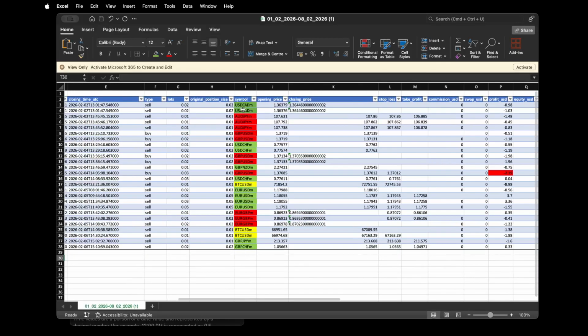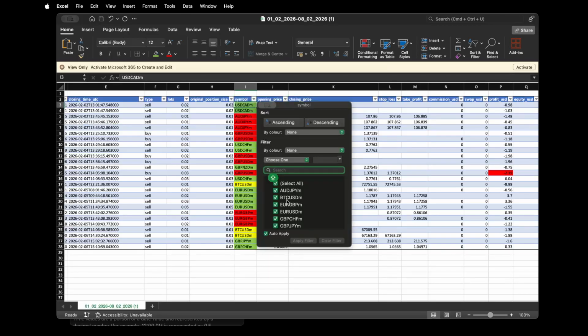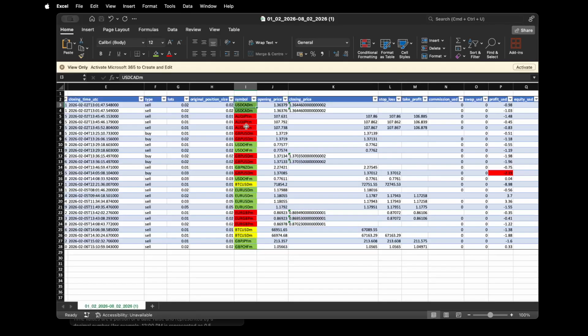Let it be. So if you see, out of 1, 2, 3, 4, 5, 6, 7, 8, 9, 10, 11, 12 trades, 7 worked out of 12.